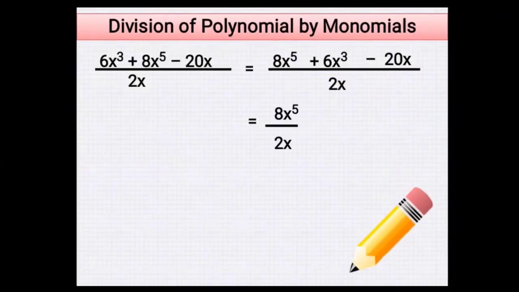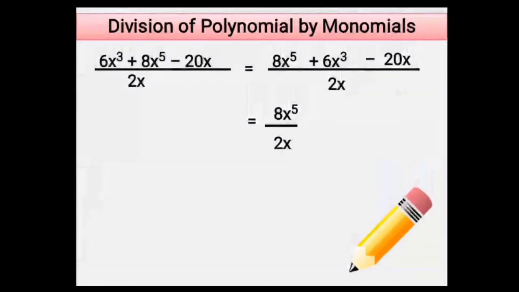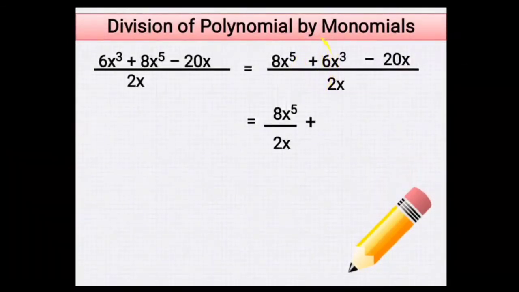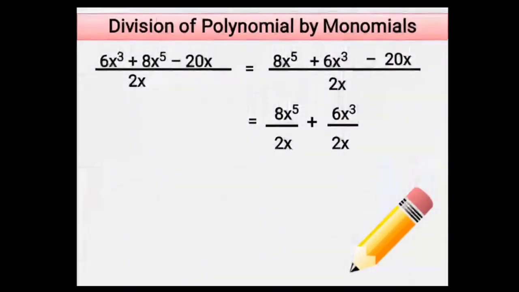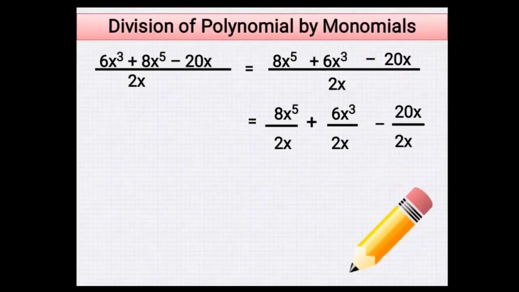So let's start with 8x to the 5th power divided by 2x, followed by plus 6x cubed divided by 2x, then minus 20x divided by 2x. Okay?